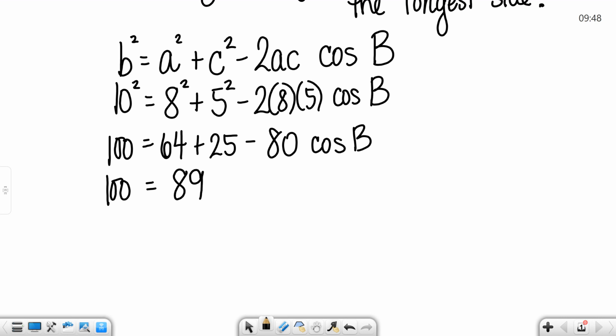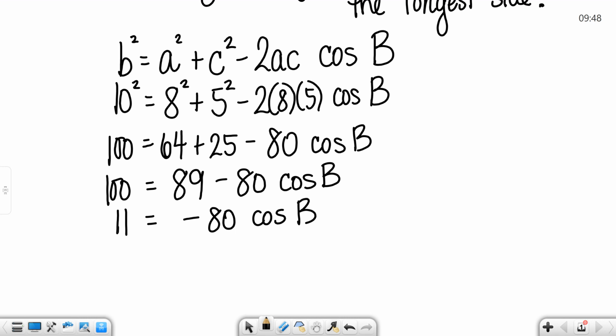I can add 64 and 25. And now I need to move the 89 by subtracting it from both sides. Okay, you cannot say 89 minus 80. That is algebraically incorrect. So I move 89 to the other side, and now this is what I have.